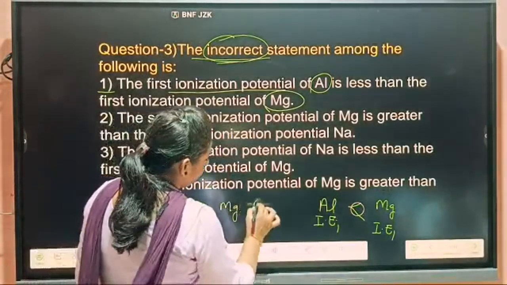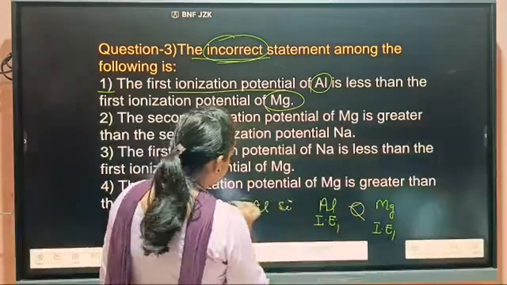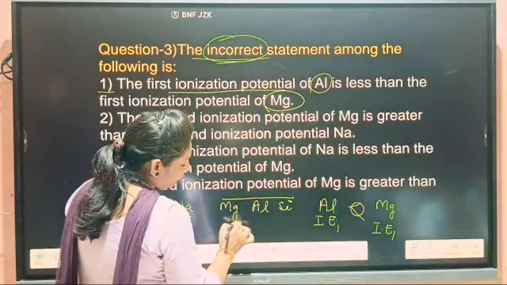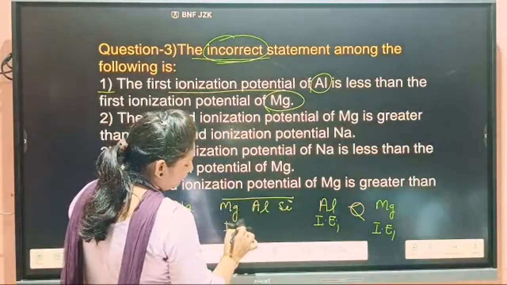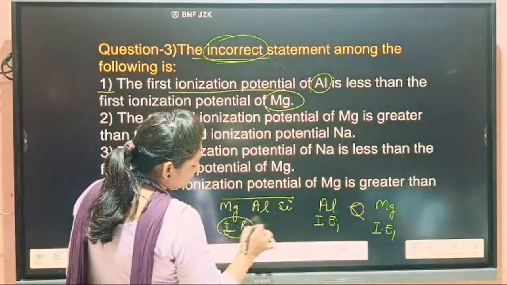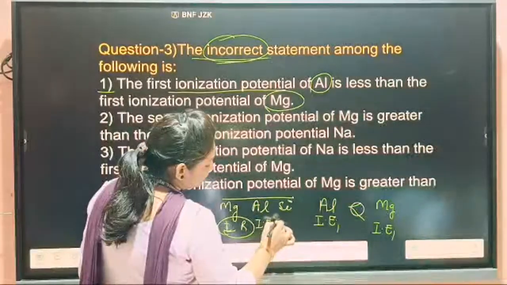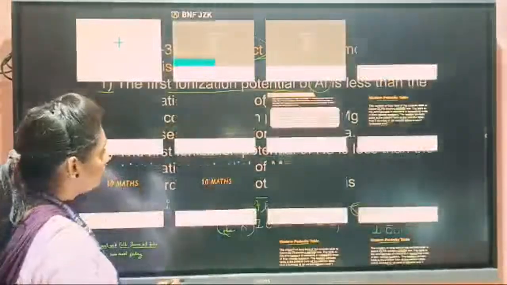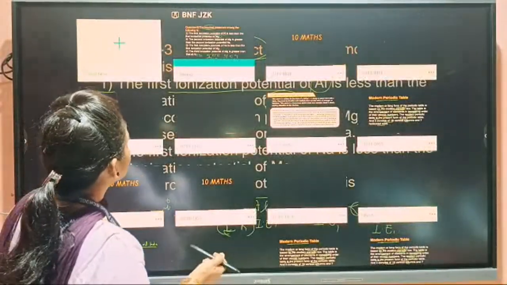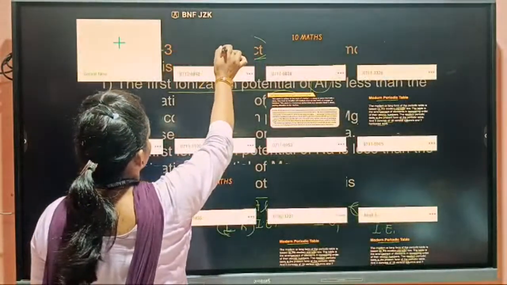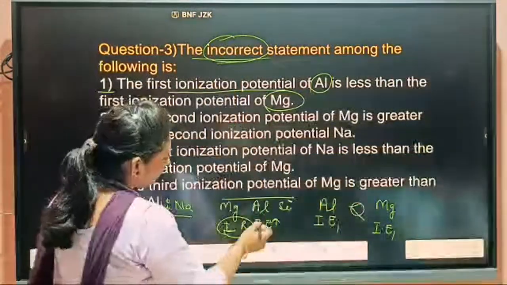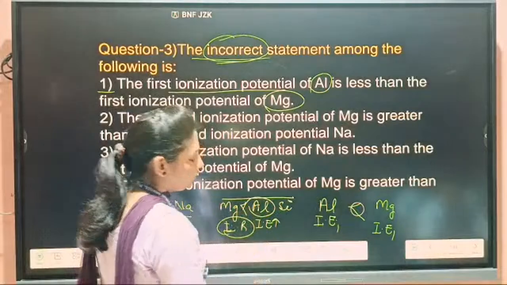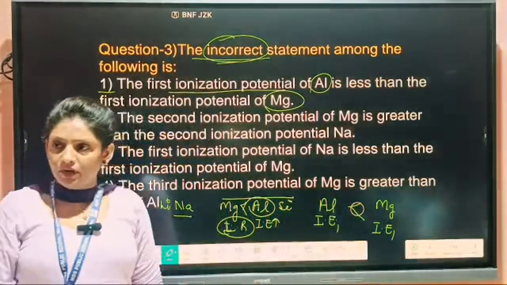Magnesium, aluminium, then silicon. So in this way you can see, when we move from left to right, ionization enthalpy increases. So according to this, the ionization enthalpy for aluminium should be greater than that of magnesium.